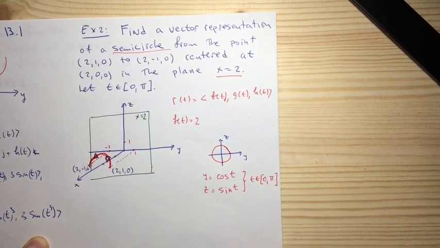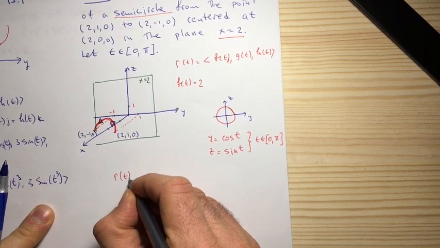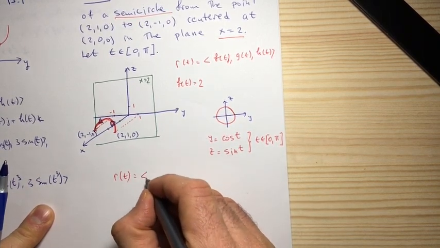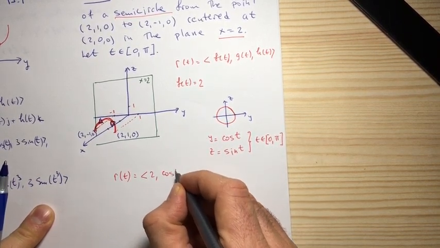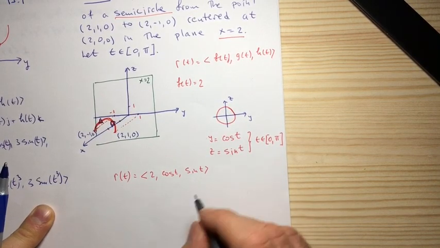We're not describing a whole circle, we're describing a semicircle, so t is going to go from 0 to pi. So there you go. The parameterization of this curve is 2, cosine of t, sine of t.